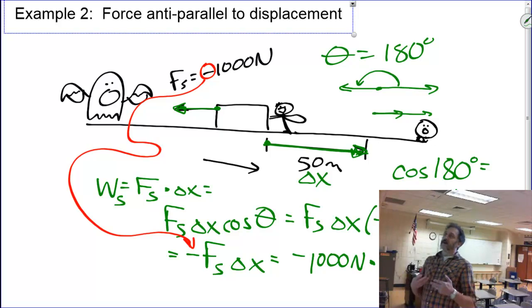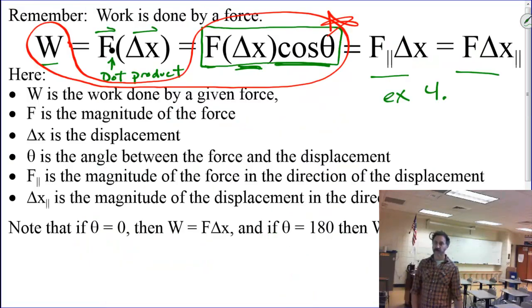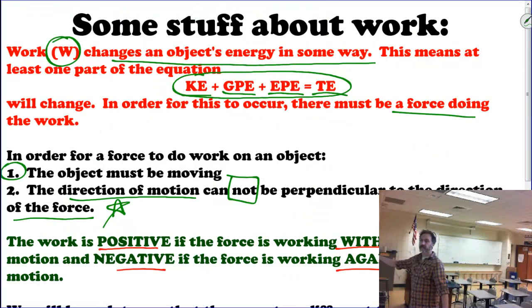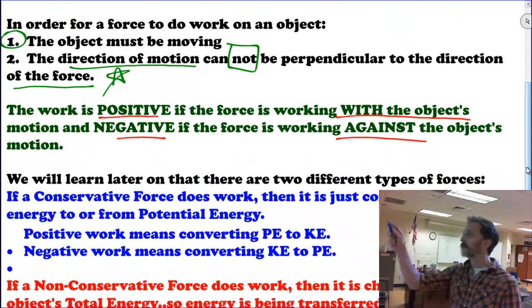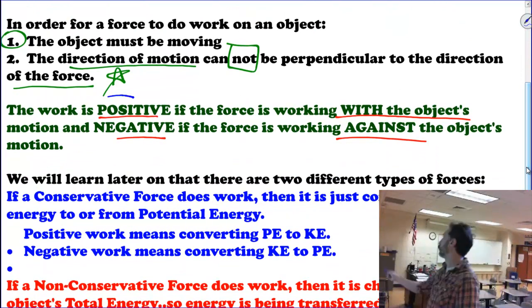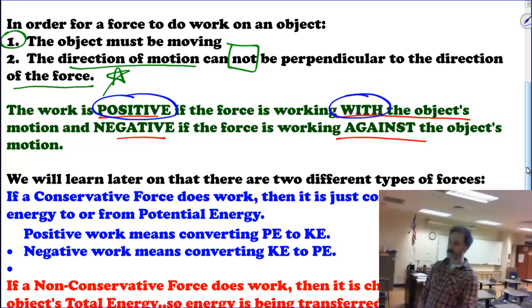Okay, so one of the things that I commented on before was this. Oops, one more slide back. Here. So remember, we said that the work is positive if the force is working with the object, right? That was example number 1.